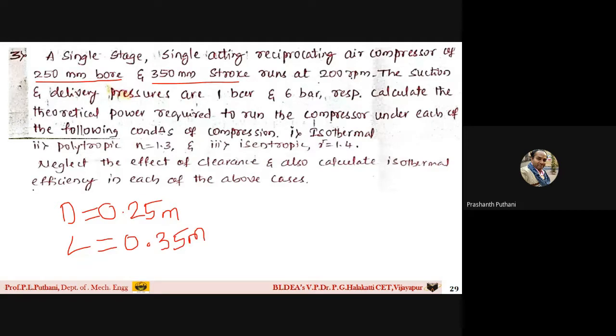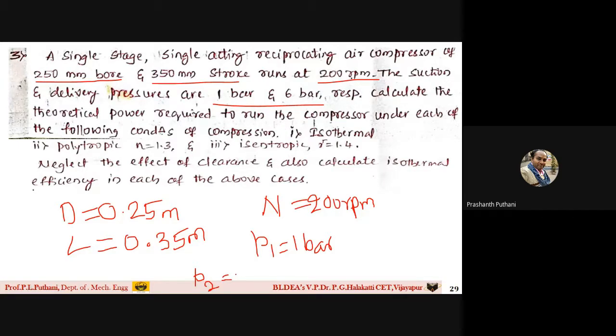Then it is running at 200 rpm, N is equal to 200 rpm. Then the suction and delivery pressure are 1 bar and 6 bar, which means P1 is equal to 1 bar, P2 is equal to 6 bar.